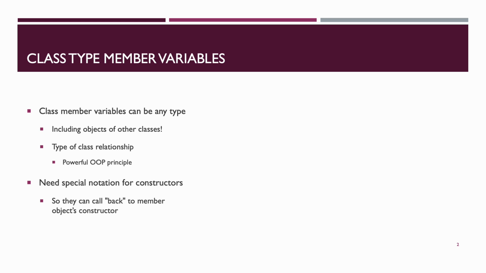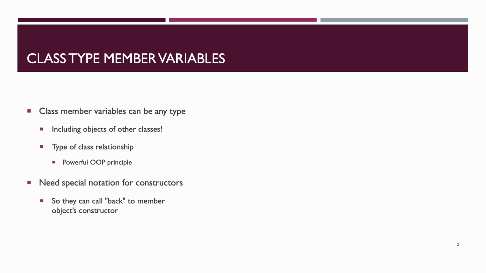So they can be objects of other classes. For example, you might have a car class and one of its member variables could be an object of the engine class. This is a crucial concept as it allows us to build complex relationships between objects.